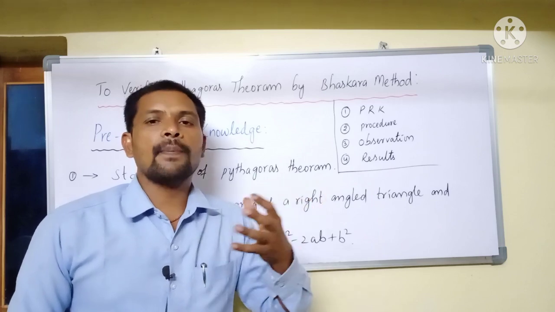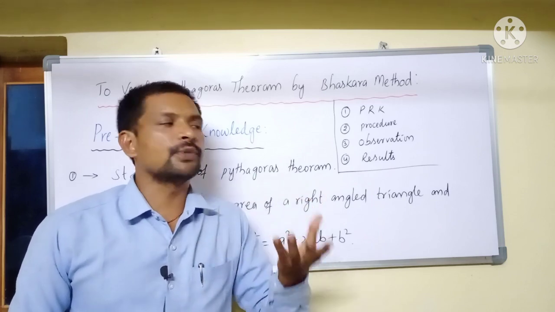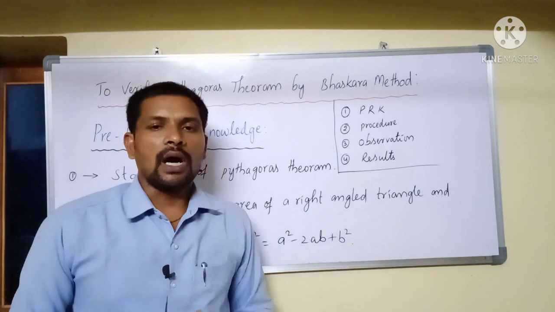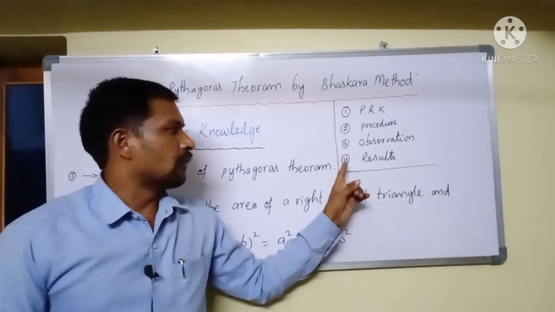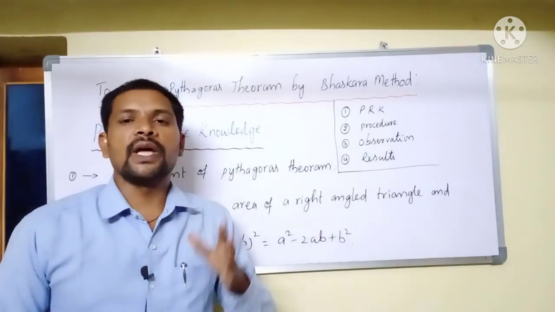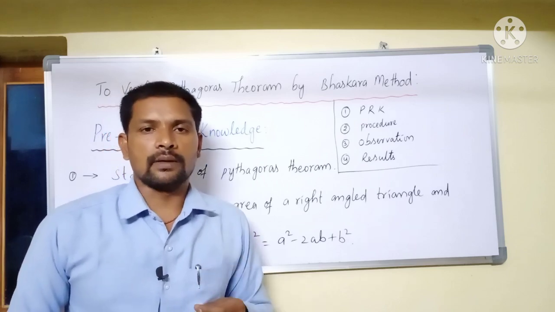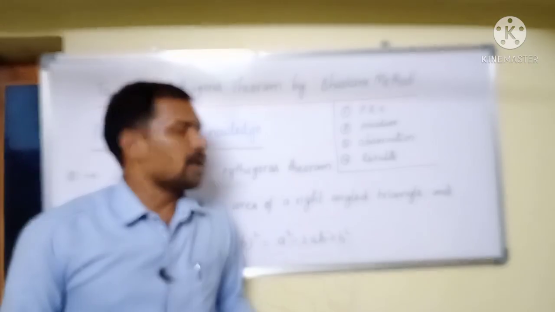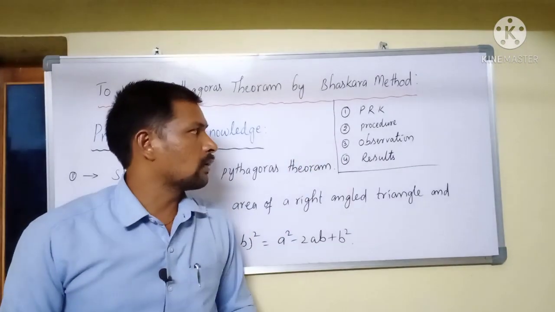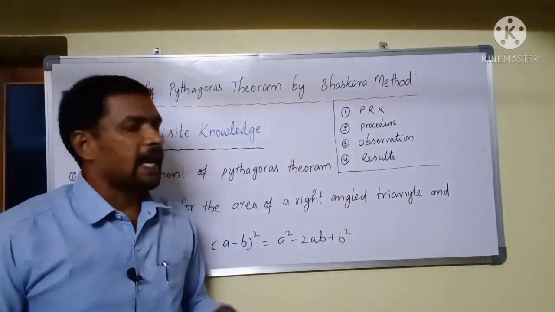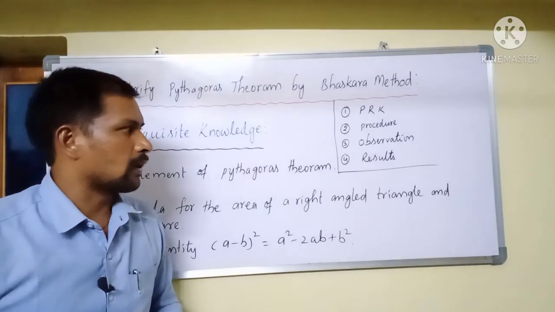By doing the process, what we observed is called observation. Then fourth one, we should verify the result. By using these 4 steps, we are going to explain this project work.